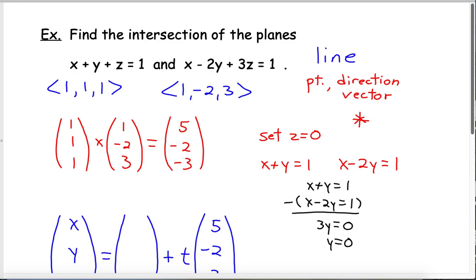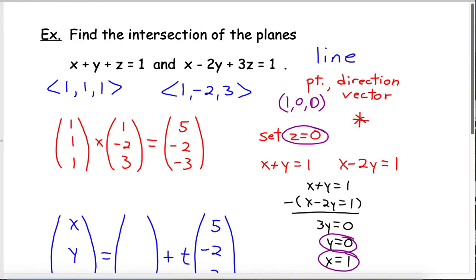And then if y equals 0, I can plug that into either of these two equations, and I'm going to get x equals 1. So I found out that z equals 0, y equals 0, x equals 1. That's a point that's on both planes. So let me go over here to my point, and I have 1, 0, 0. So now I've got my point.